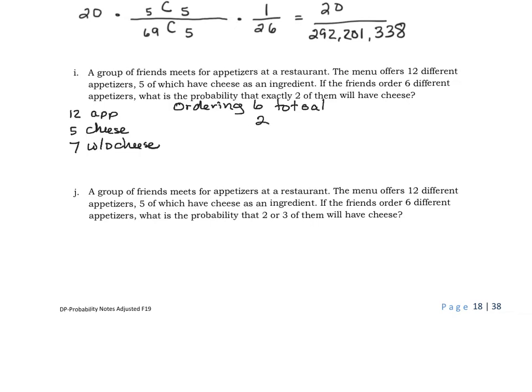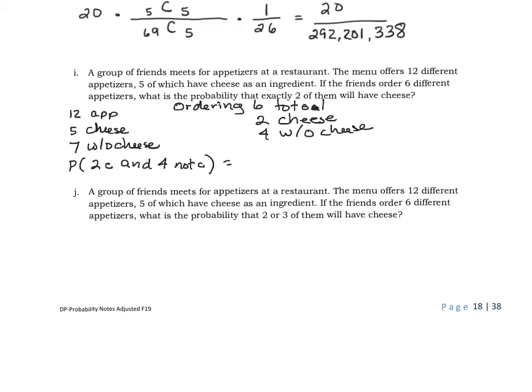2 of them will have cheese. And that means that 4 of them will be without cheese. Okay, so the probability then of ordering 2 cheese appetizers and 4 not cheese appetizers.